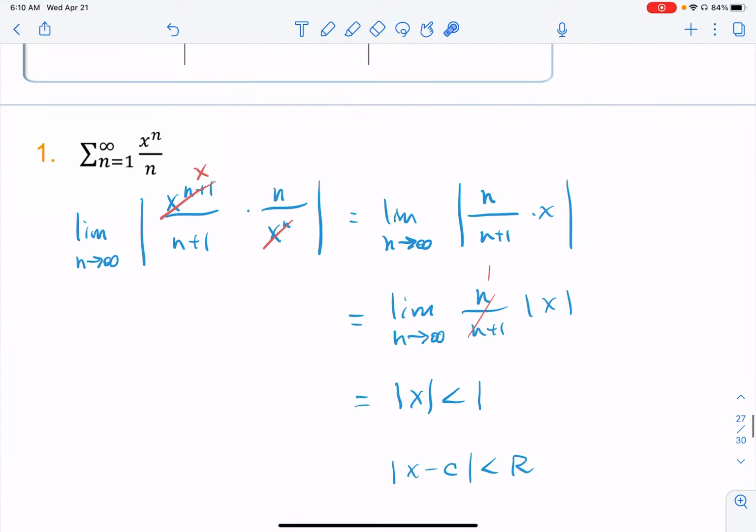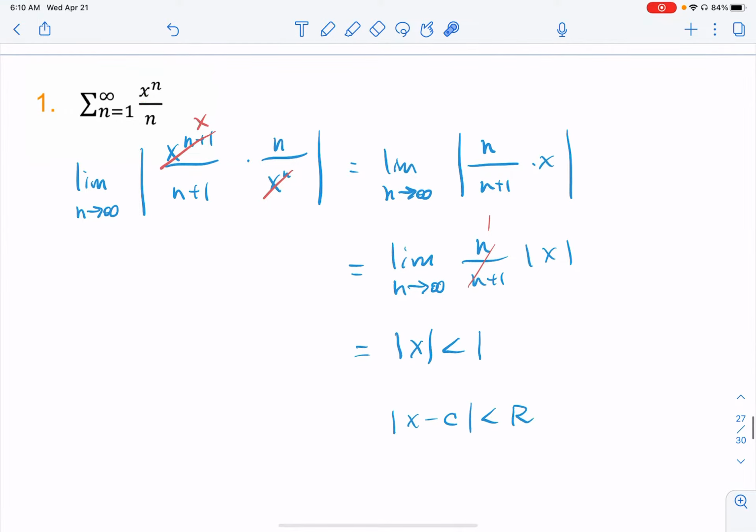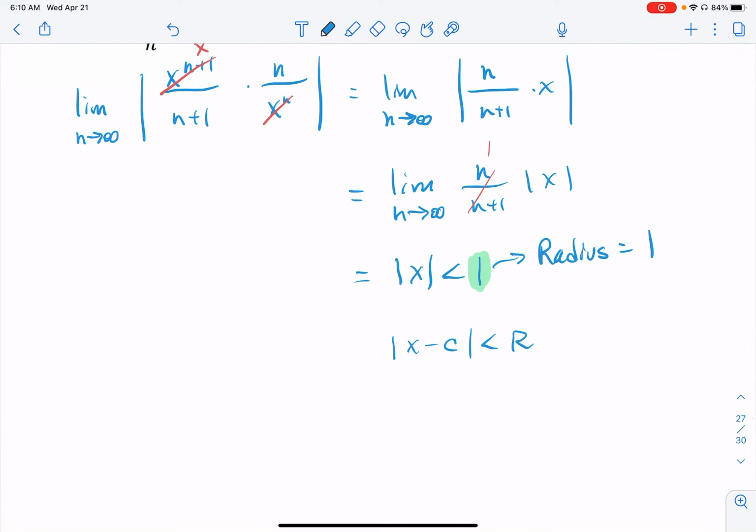What is our center point for this thing? Well, this is x minus a whole bunch of nothing. The center point is 0, and we can see our finite number here is 1. And so this guy right there is our radius of convergence, equals 1. All right, and now we're just going to keep going here because we haven't found our interval.